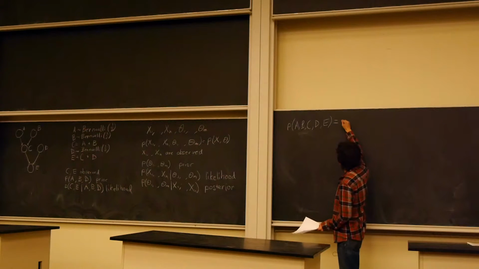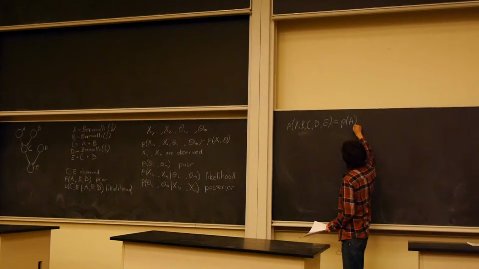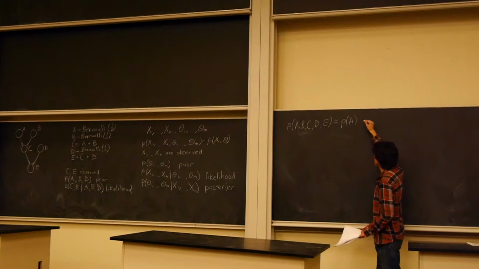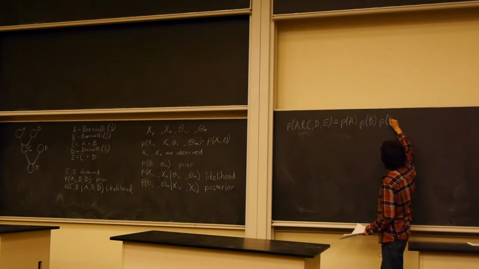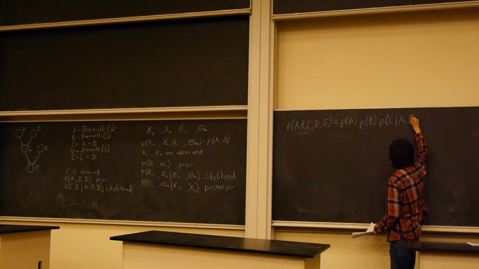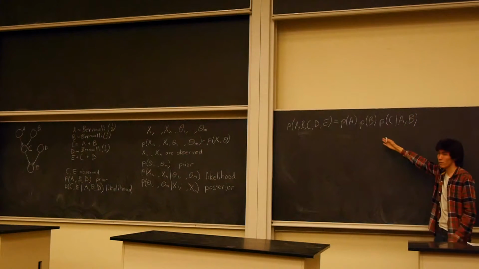So the first one is A. A has no parents, so it's given nothing. B has no parents either, so it's given nothing.